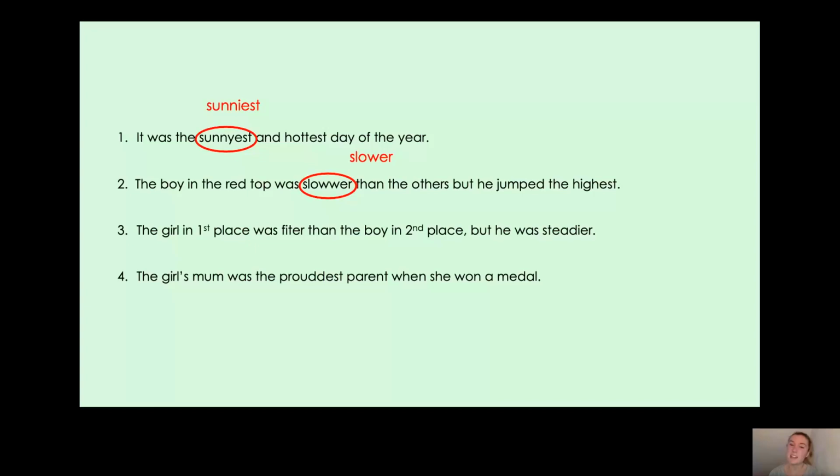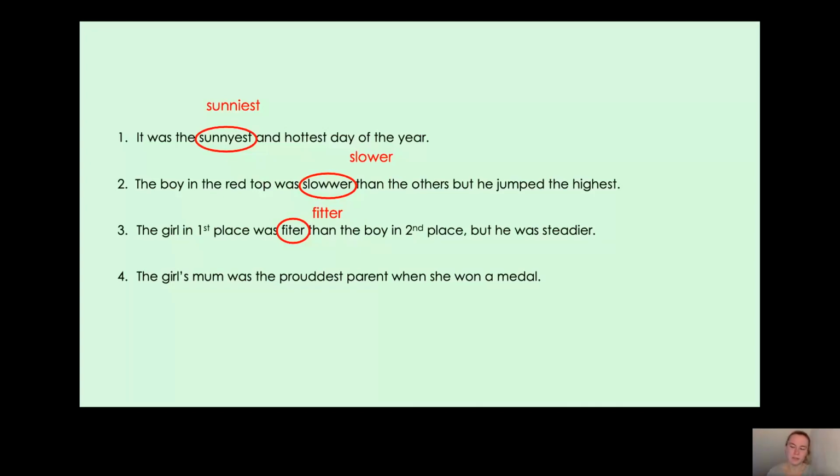Fit ends in a consonant, the T, and a single vowel sound, I. So therefore, I needed to double the consonant, double the T before I added the suffix. So it should have been fitter. That looks better, doesn't it? So there I am, doubling the consonant in slower when I didn't need to, and then forgetting to double the consonant in fitter when I needed to.